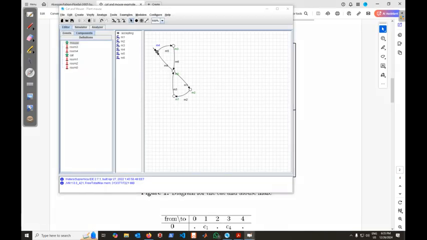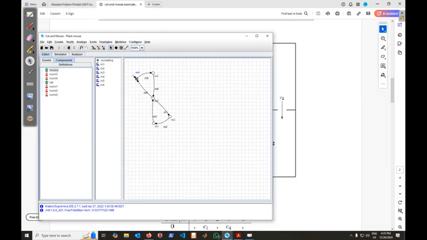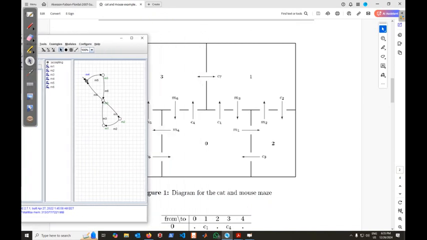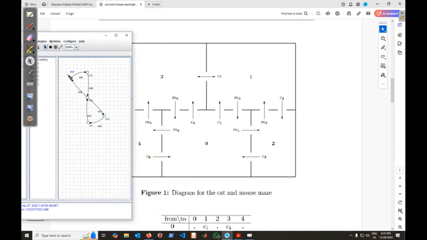If M5 occurs, he goes to M3. I will try to put them side by side so that we could develop a better understanding. So if the mouse is at room number 4, initially M5 is executed, he goes to 3, and from 3 he can only execute M6 to go to 0.